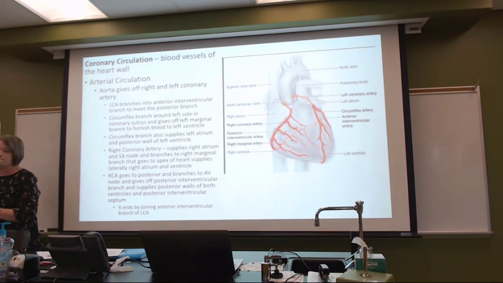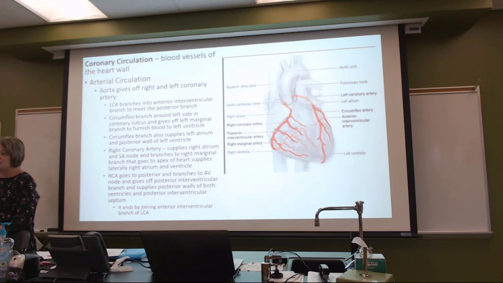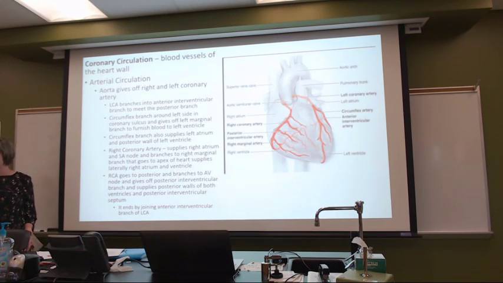Ever heard of that? What is it? I don't know. I just know it's like the firing of something. The pacemaker of the heart. We're going to come back to that.